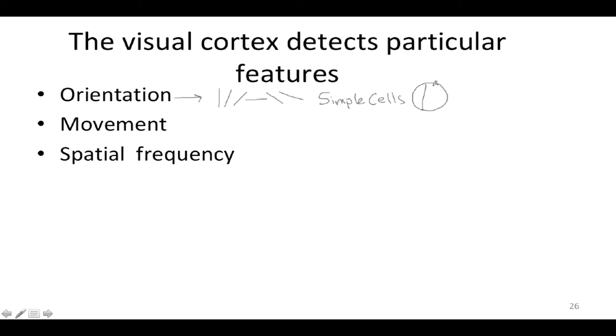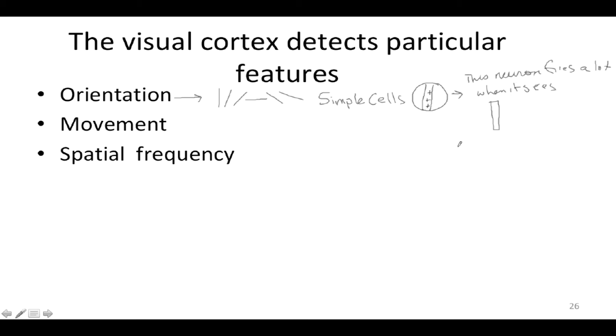So there might be one that becomes excited and fires if only the middle, in this vertical orientation, is detecting an object and not the edges. So this neuron will fire a lot when it sees this. So if it detects that lit object like that, it will fire quite a bit.